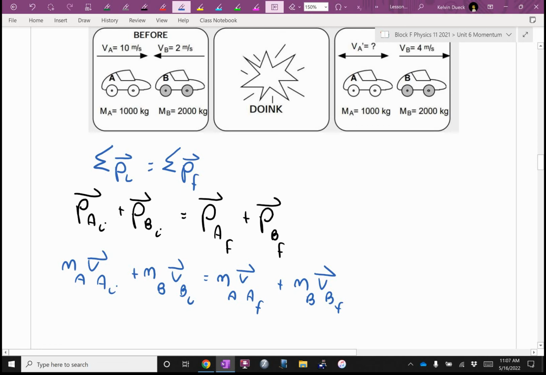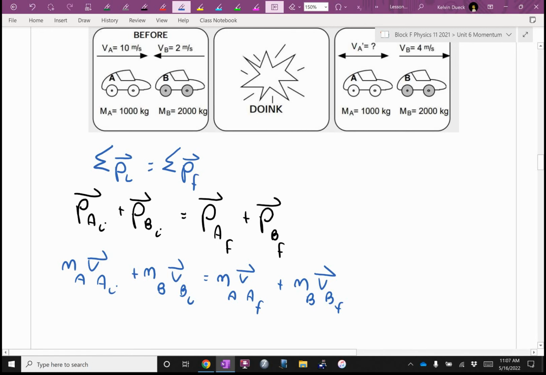There's the longer version of the law of conservation of momentum. Fahim, what am I trying to find? There's 4. Which one? Final or initial?